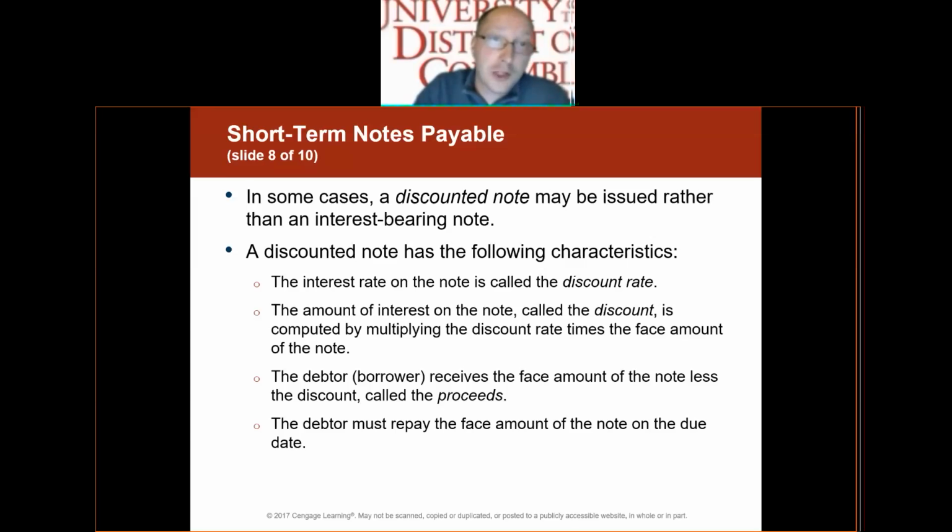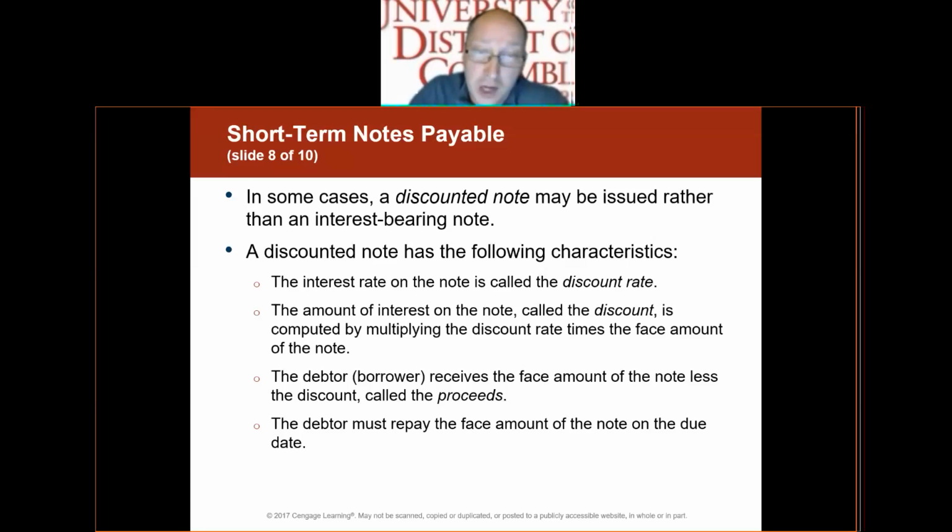Okay, in some cases, a discounted note may be issued rather than an interest-bearing note. Okay, let's break that down. A discount note has the following characteristics. Number one, the interest rate on the note is called a discount rate. So instead of calling it interest, it's called a discount rate.